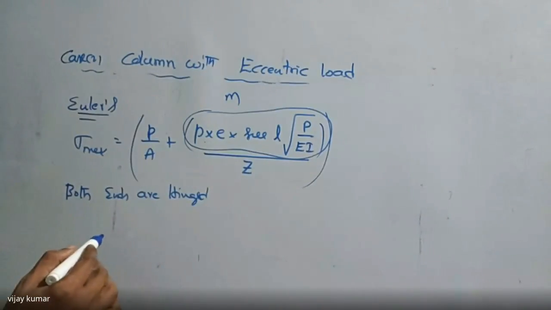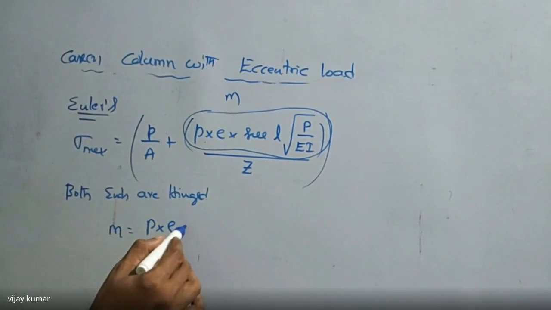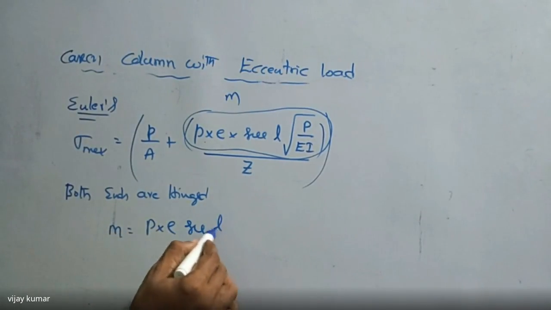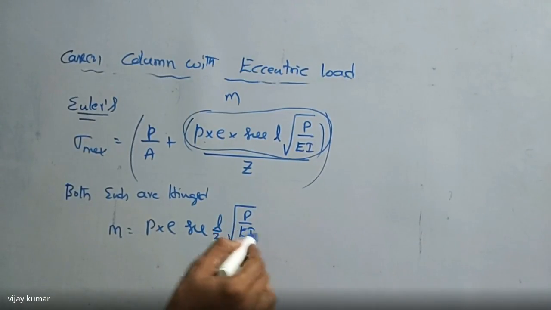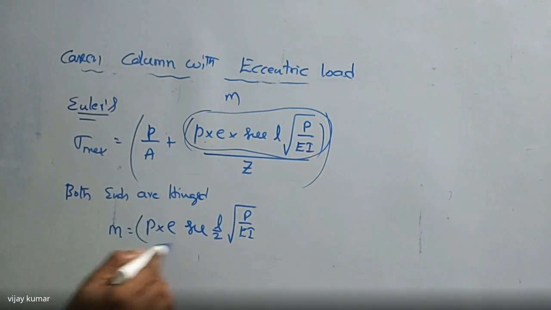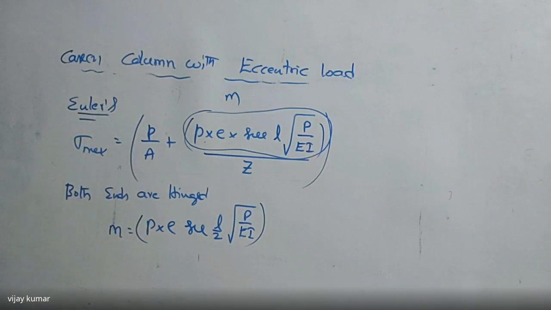M is equal to how much here? M is equal to P into e into secant of L by 2 into square root of P divided by E into I. So this is the value of the bending moment, according to Euler's maximum stress formula.